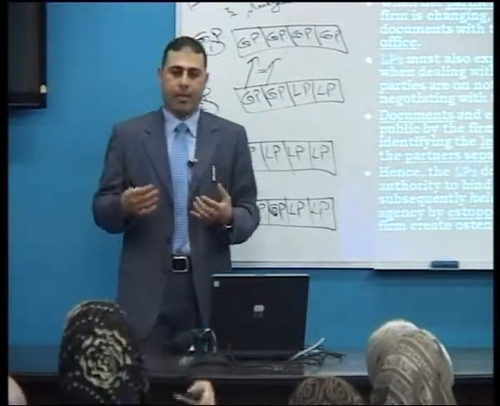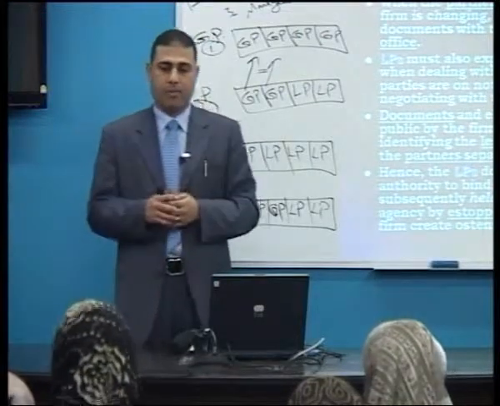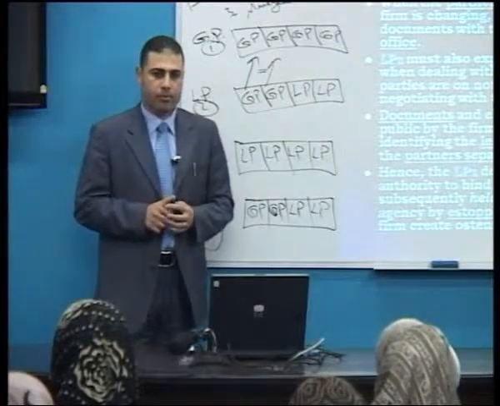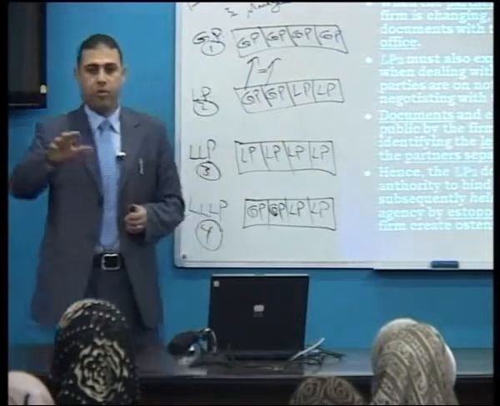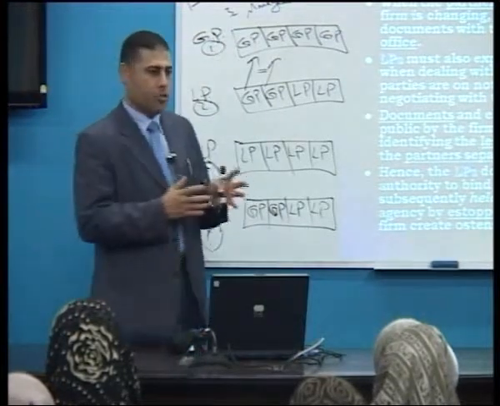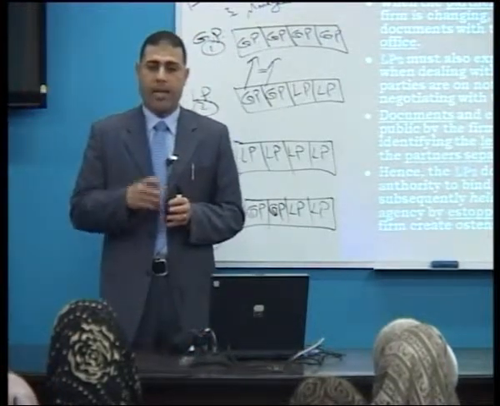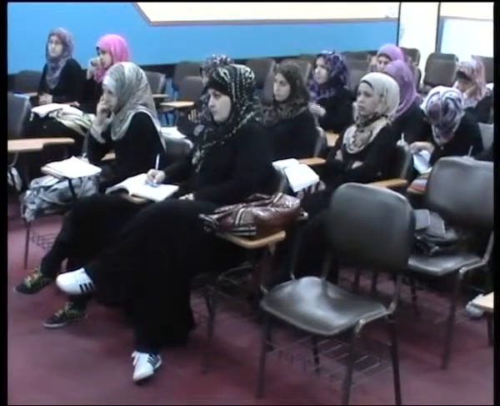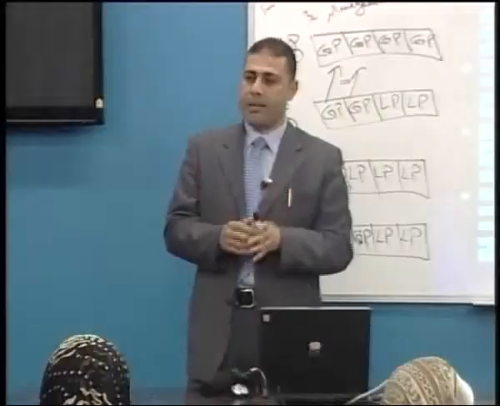The question is, if we have a transaction done by an LB, what can we do? One of you, as an LB, has made a transaction with the customers, and he or she is not entitled to make such a transaction. What can we do? Now we have the transaction done with the customer.